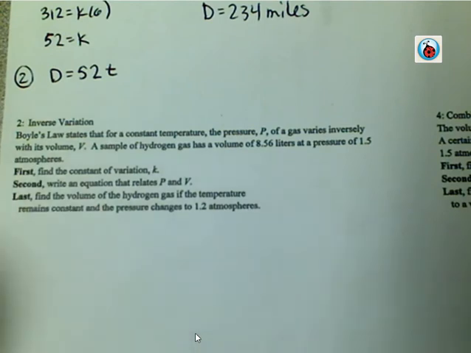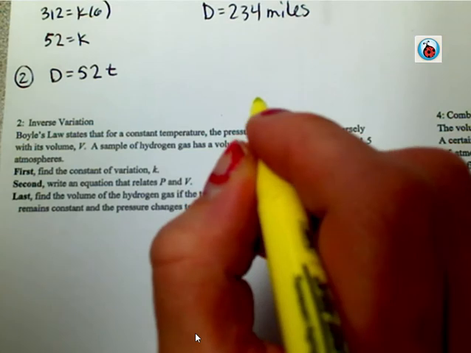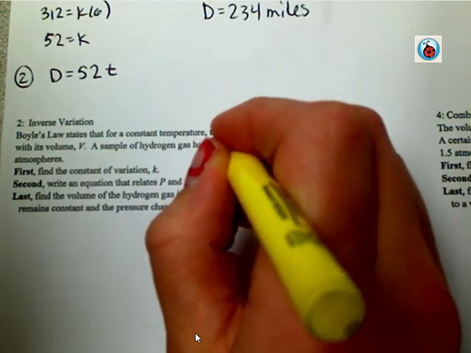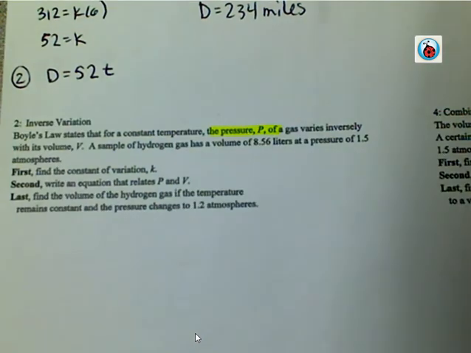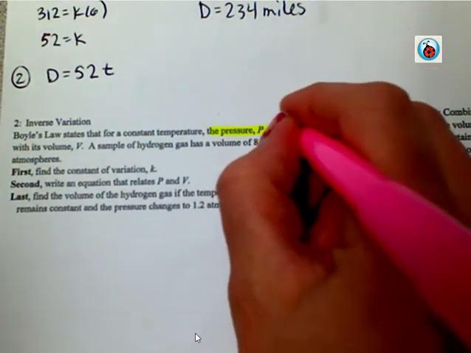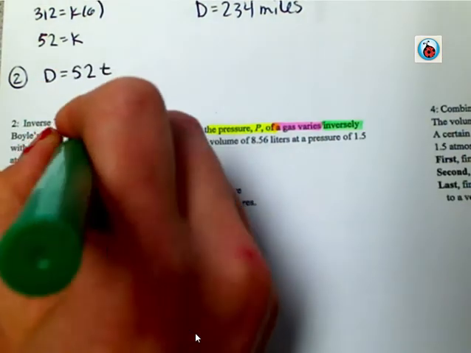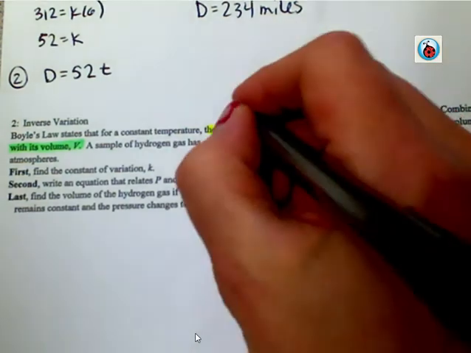Boyle's law states that for a constant temperature, the pressure of a gas varies inversely with its volume. Okay, equation. Let's pick some letters that mean something.